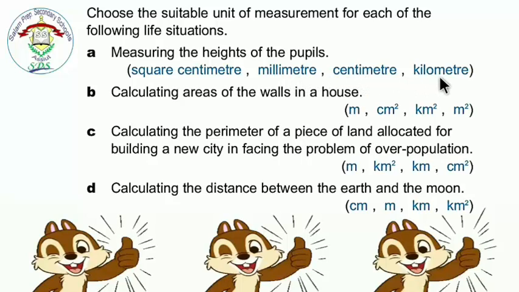The kilometer is one of the units of length, but take care, kilometer is used to measure the distance between cities or governorates, long distances. So exclude this choice. The suitable answer is centimeter.